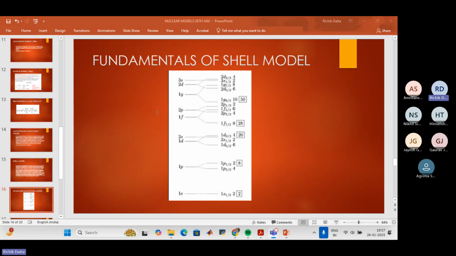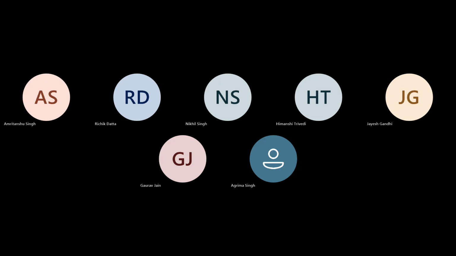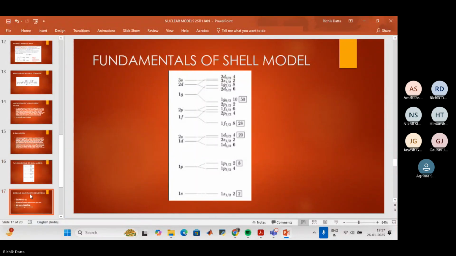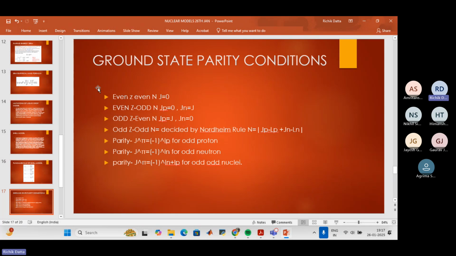I have given the basic outline of the vector atom model, and from the vector atom model we have found the basic configuration, how the table has been introduced. So this is all from this side, and another one I am discussing here: the ground state parity condition.